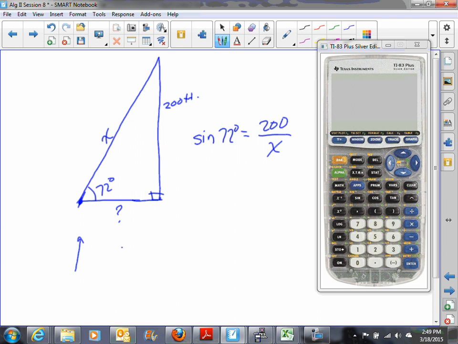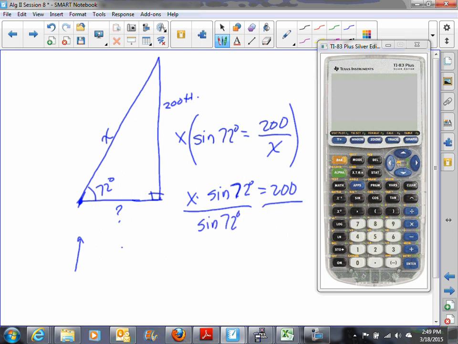Now, to solve this equation, we could start by multiplying both sides by x, and we get x times sine 72 degrees equals 200. But then to solve for x, we're going to divide both sides by the sine of 72 degrees. And so we get x is equal to 200 divided by sine 72.